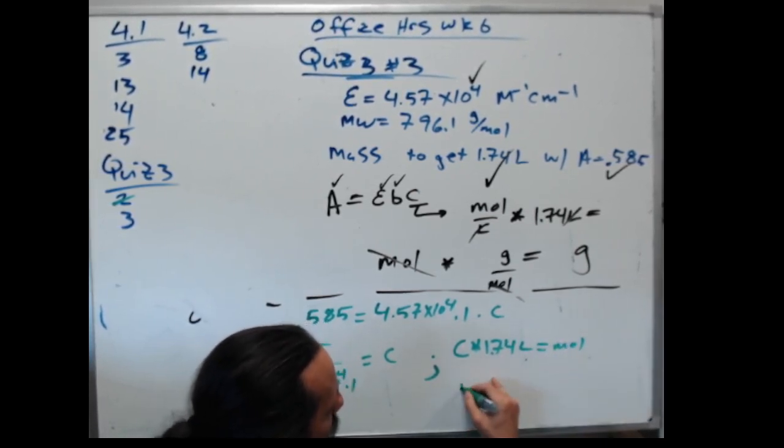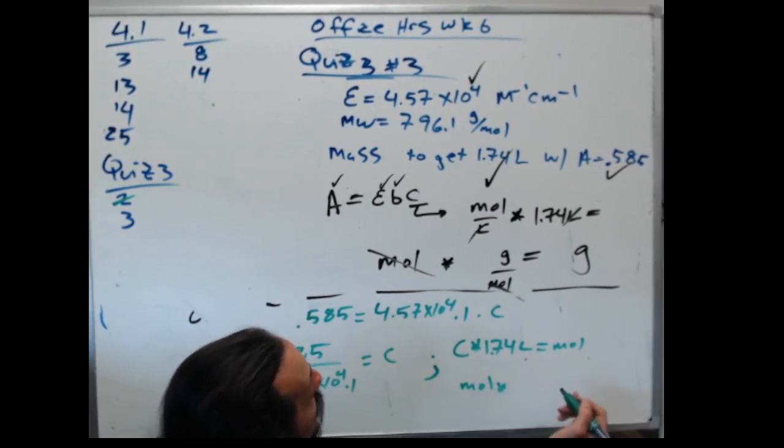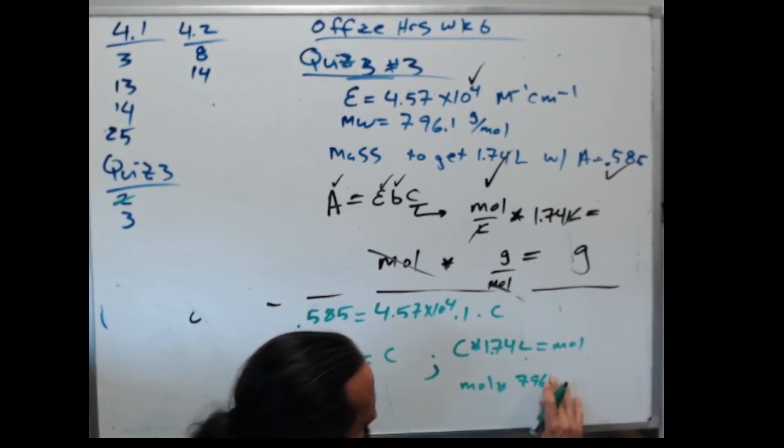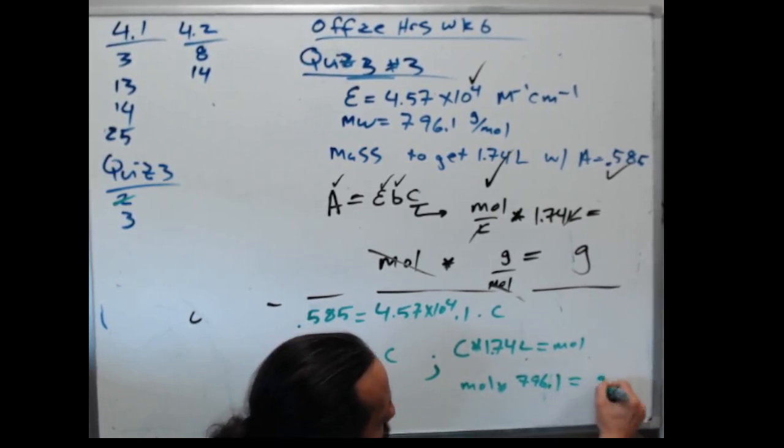And then I'm going to have my moles times 796.1, and that will get me my grams.